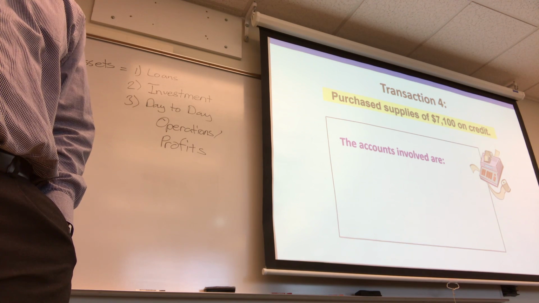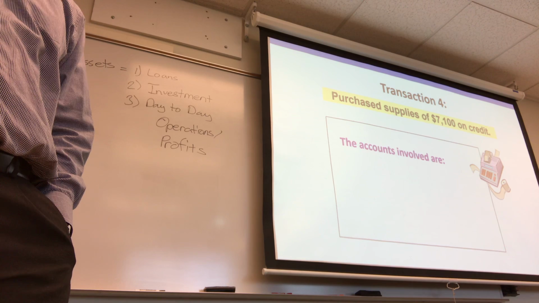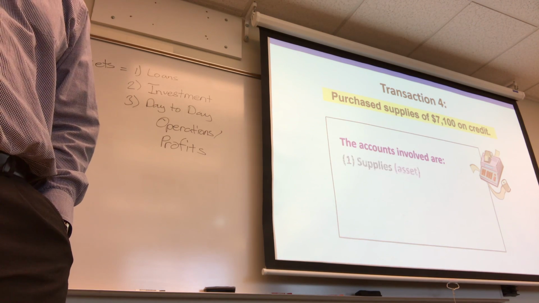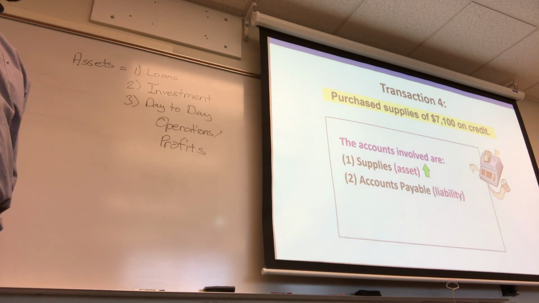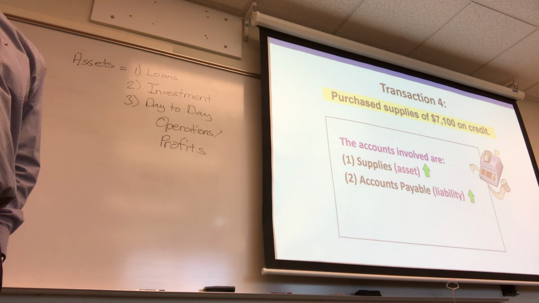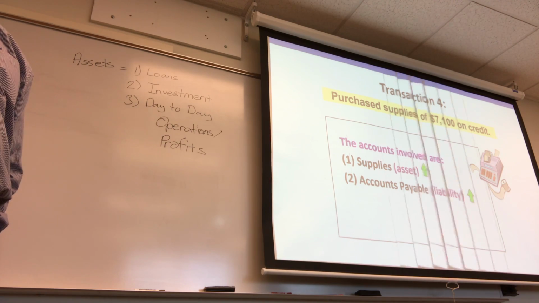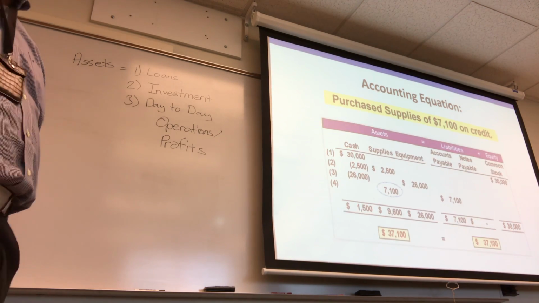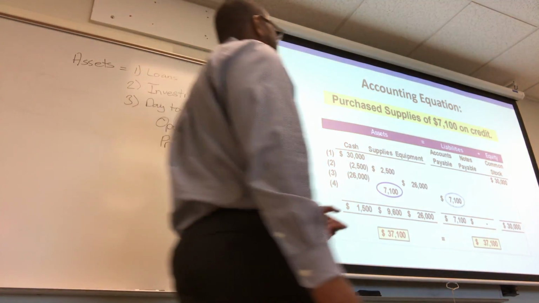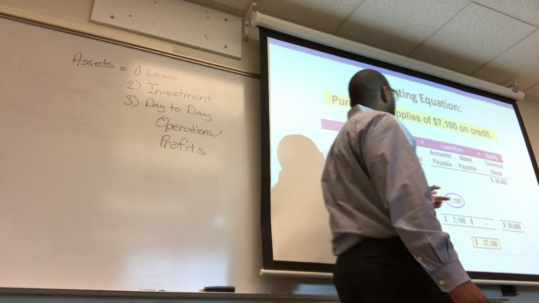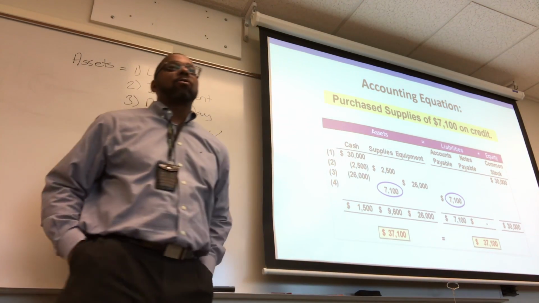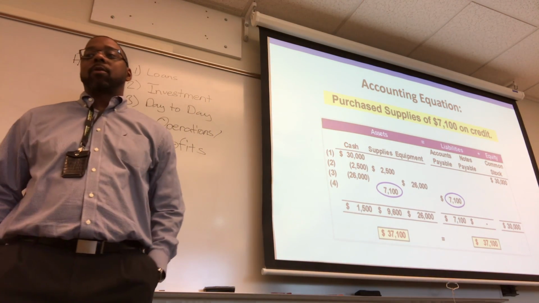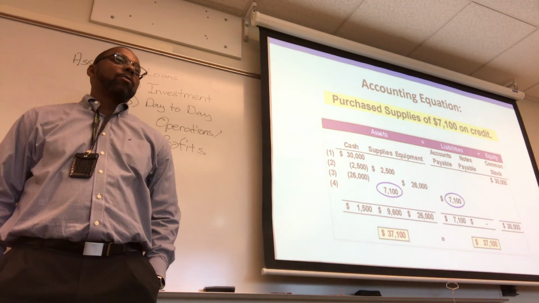Accounts payable, what type of account is that? Liability. Fantastic. Good. Okay, so we're going to increase the assets and we're going to increase the liability. And due to the fact they're on two sides of the equation, it should keep this equation in balance. Okay, so we're going to increase the supplies, we're going to increase the accounts payable. Now our bottom line is $37,100, and our bottom line is still in balance.